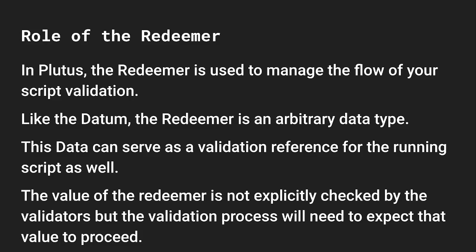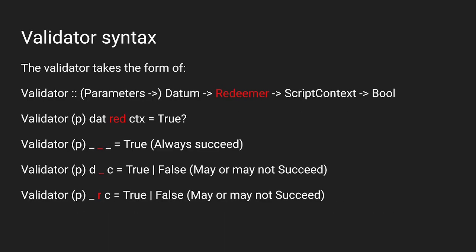However, the validator does expect a redeemer when you interact with the smart contract. You need a redeemer when you want to retrieve funds from the smart contract. When you send, you don't need it, but when you retrieve funds, you do.